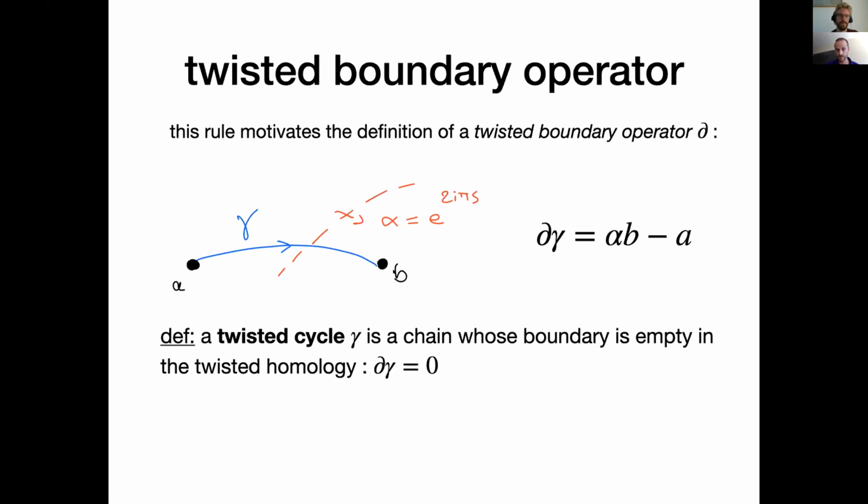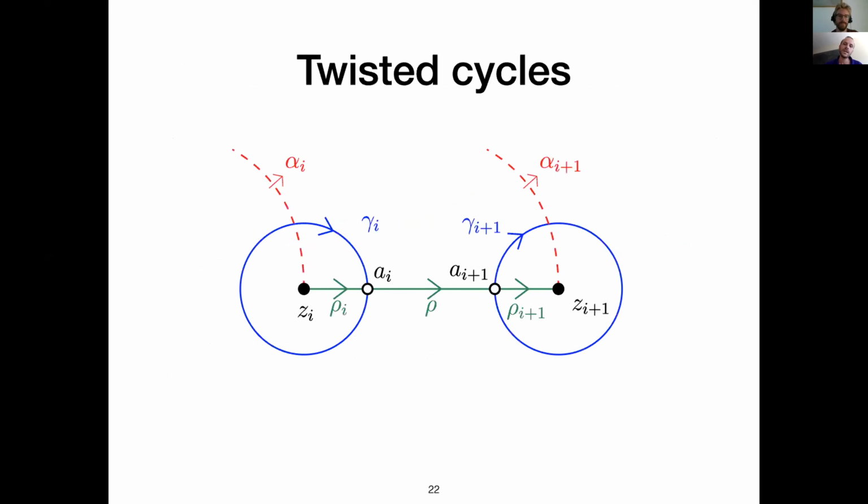So that's not a cycle, right? Because the boundary isn't empty. So that gamma here is not a twisted cycle. I'm just going to mention a few examples of twisted cycles, but it would be more relevant for the intersection business, which I'm not going to allude to really in this talk.